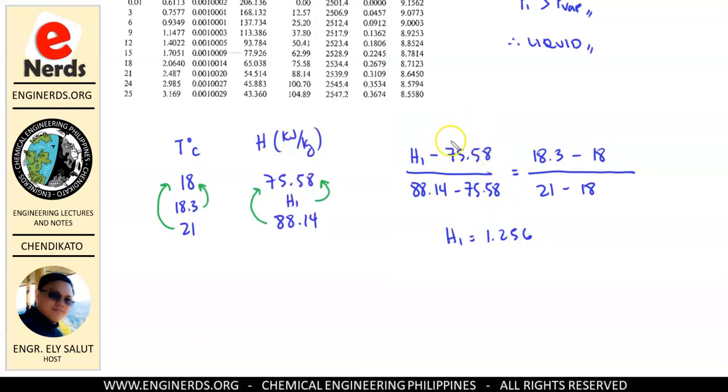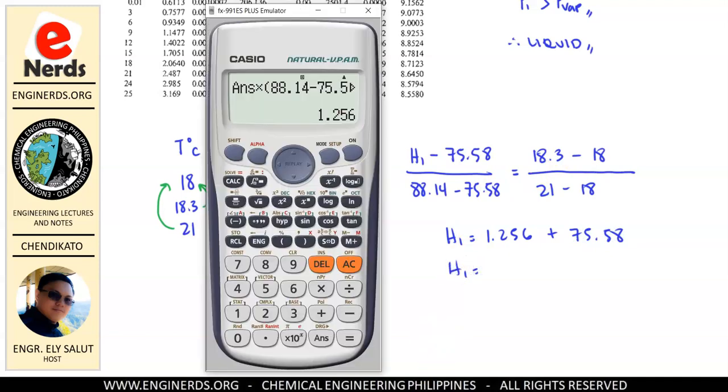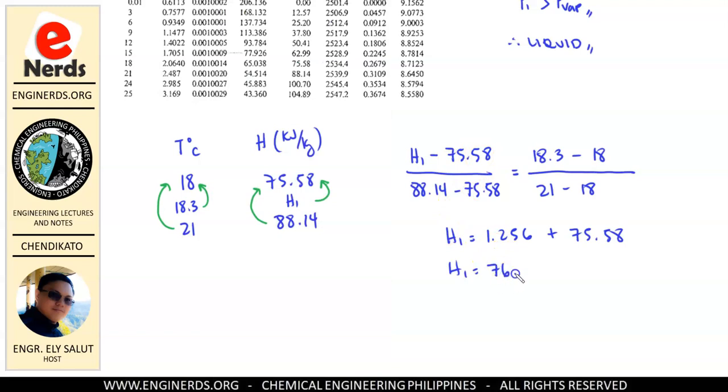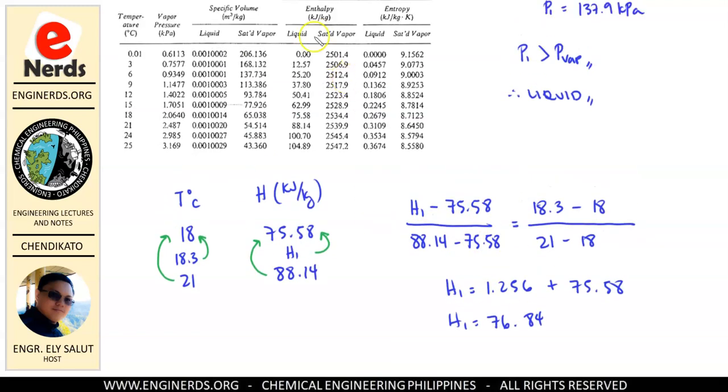Then we're going to transpose this 75.58 here. So we have plus 75.58. So our H1 is therefore equal to 76.84, and our unit here is in kilojoules per kilogram, no?